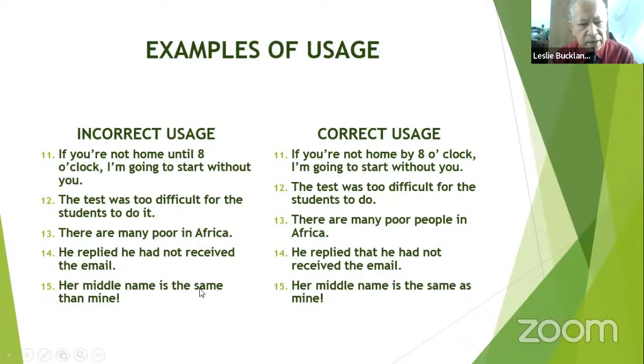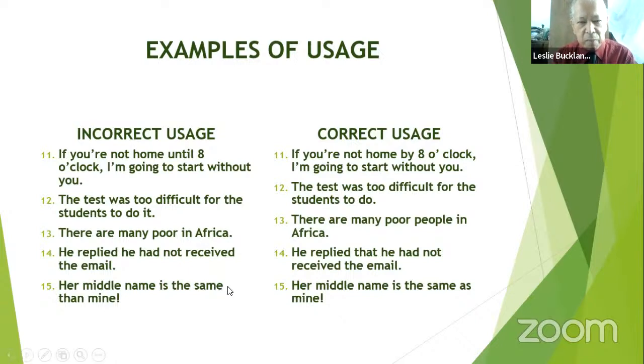Number 15: Her middle name is the same than mine. Well, we definitely don't use it like that. We don't usually say than, we say as. As and than are both used in comparisons. For example, we may say, this person is taller than me, or this person knows more French than me.